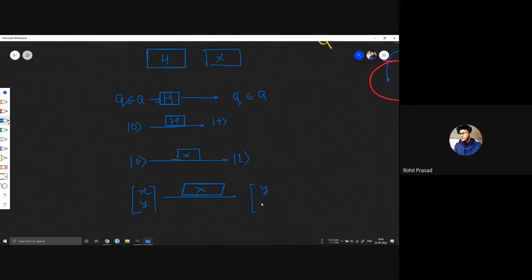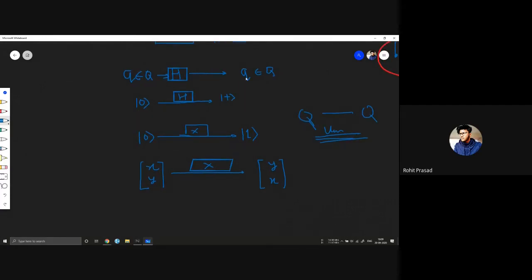It makes this one Y and this one X. So this is also a transformation from Q to Q. Every gate in quantum computation is a unitary transformation from the vector space Q to itself. Every gate in quantum computation is a unitary transformation.